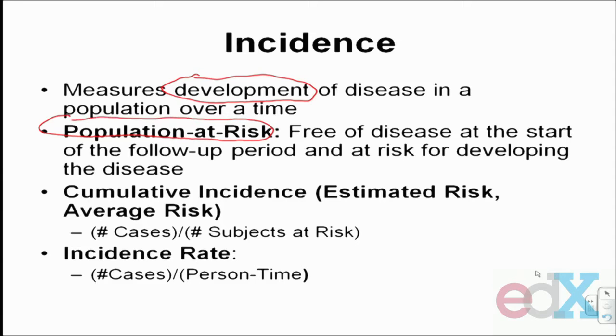Now to be at risk for developing heart disease for the very first time, you have to be alive and breathing, and you also have to be free of coronary heart disease at the beginning of the study. So depending on the outcome you're going to be measuring, and I'm talking about observing new cases of coronary heart disease that develop, you want to enroll a population and follow them over time.